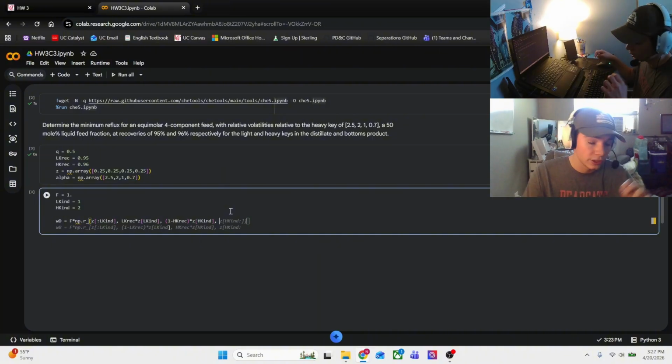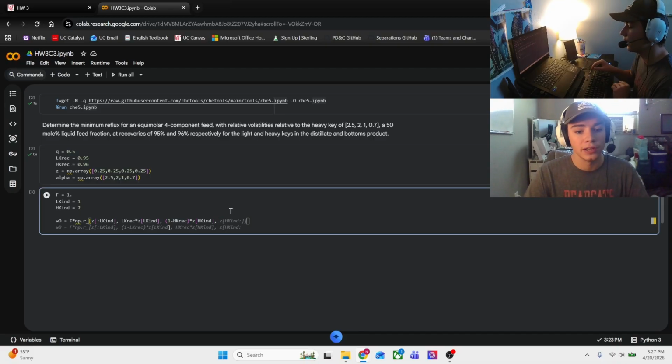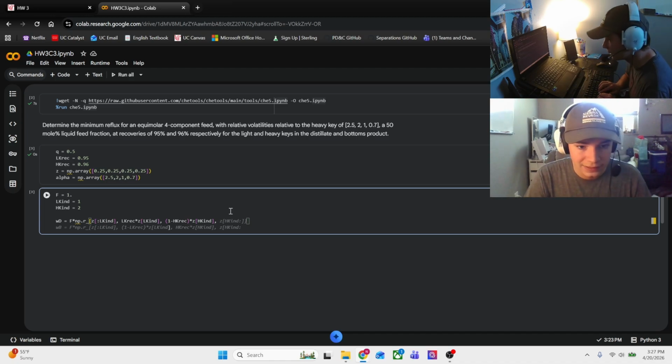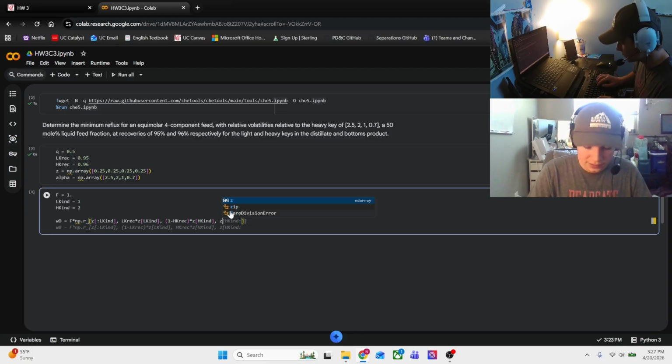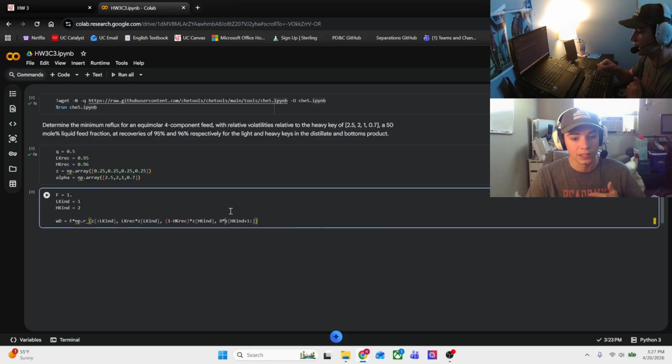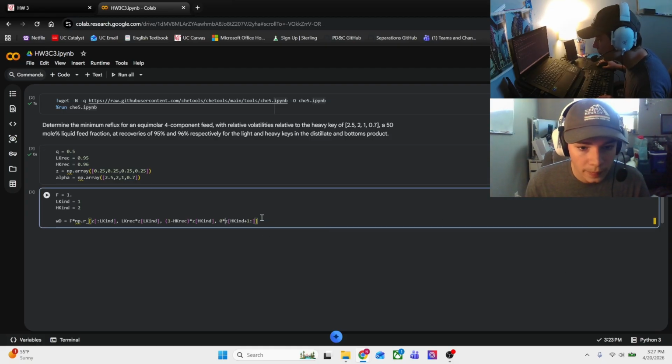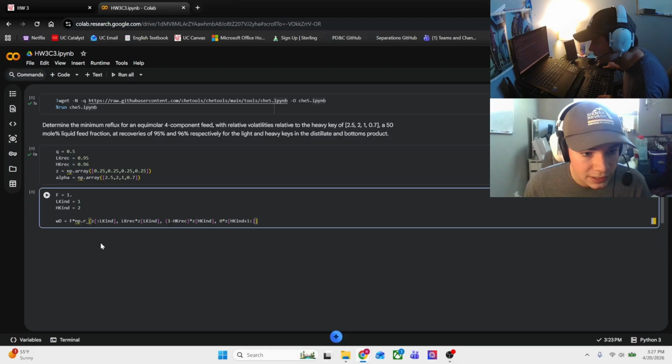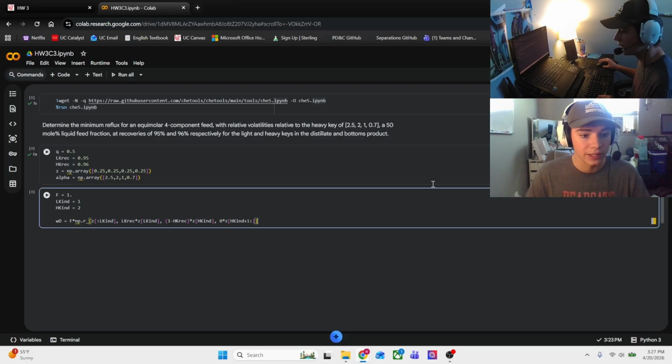And then for the final one, we know that anything below our heavy key is going to be found in the bottoms. There's going to be none of that stuff in our distillate flow. So we can say z at hk index plus 1. We're going to multiply that by 0, as none of that is going to end up making it up into our distillate flow. So I believe that's our entire index to find our weight of our distillate.